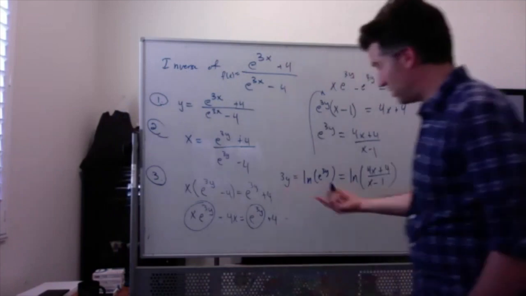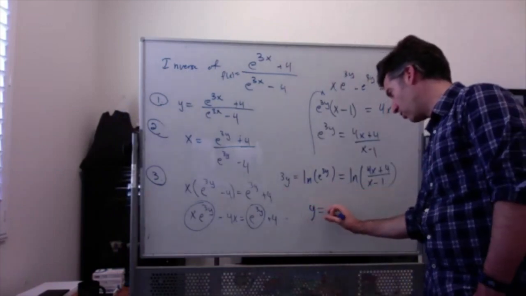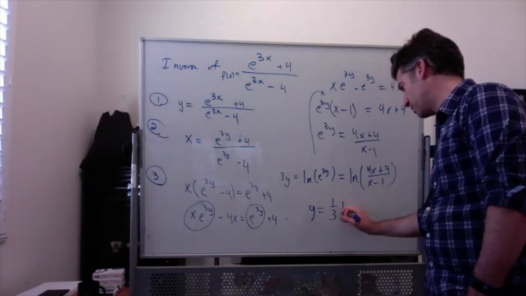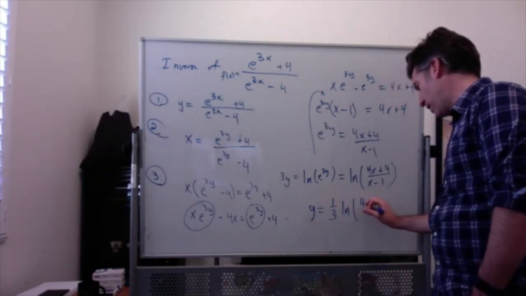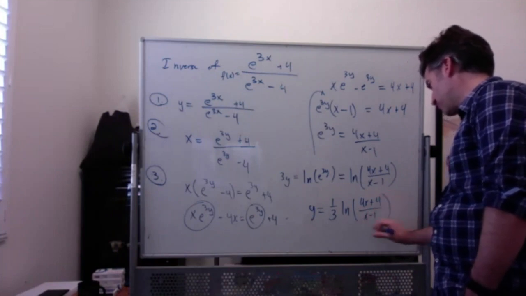And then we would divide both sides by 3, or multiply both sides by 1/3. So y would equal 1/3 times the natural log of 4x plus 4 over x minus 1.